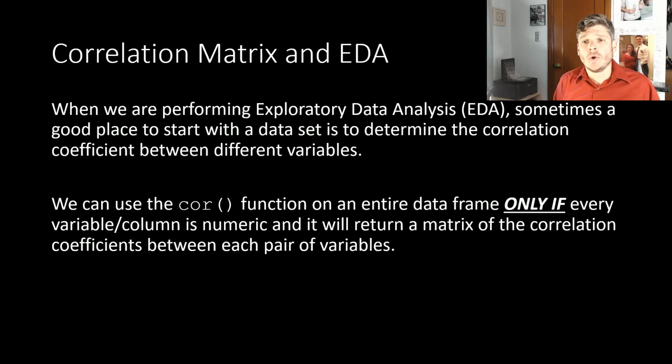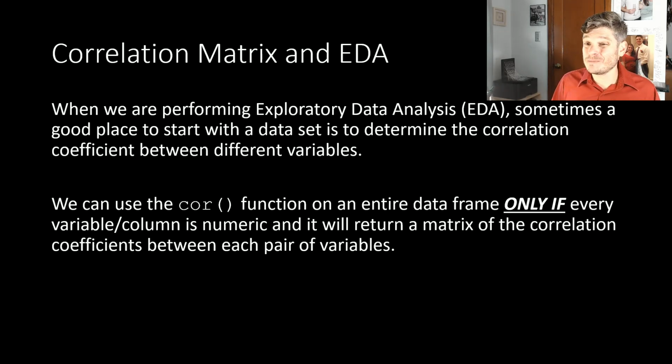So the correlation coefficient is an important part of our exploratory data analysis, or EDA, and one of the good places to start with our EDA is to determine the correlation coefficient between all of our quantitative variables. Every numerical variable, let's see what our correlation coefficient is, and that'll give us a really good idea of where to start looking for patterns in our data.